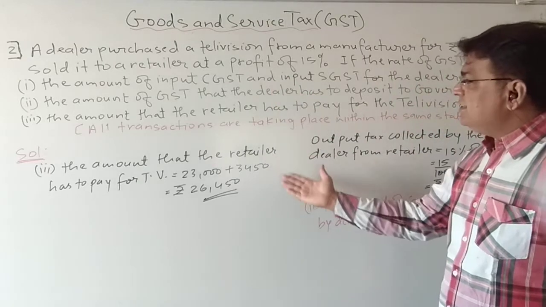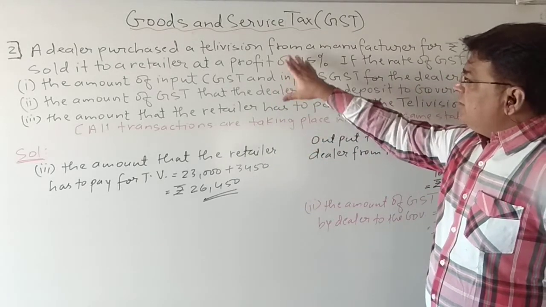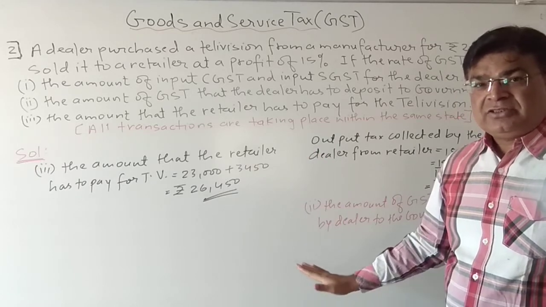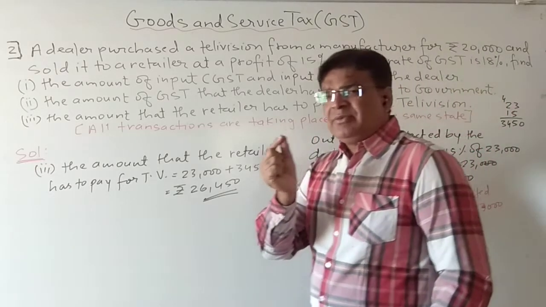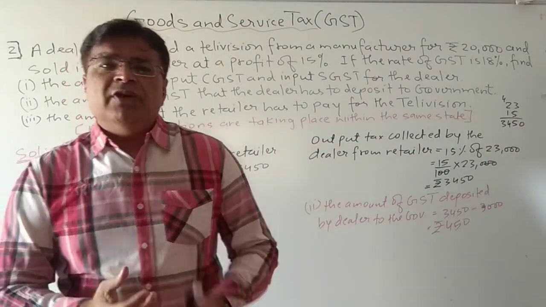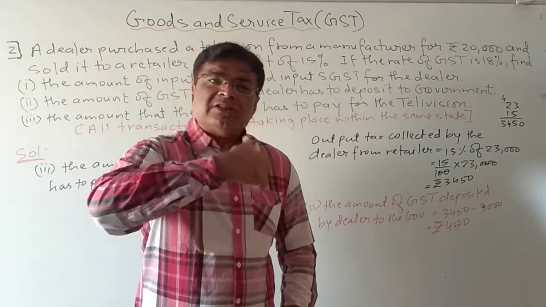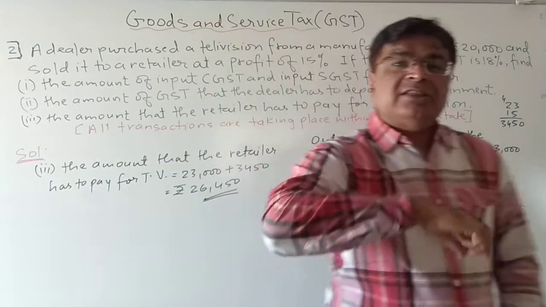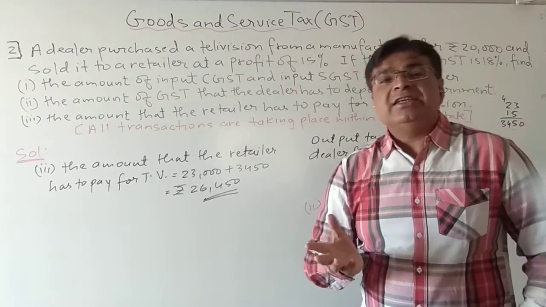Okay, so students, you can see in this way we can solve all these given questions. Just, students, you have to understand the concept, and you have to understand when this tax is divided in equal parts, when the whole tax is collected, who is selling to whom. For that person it is input GST or output GST. So all those things you have to understand.